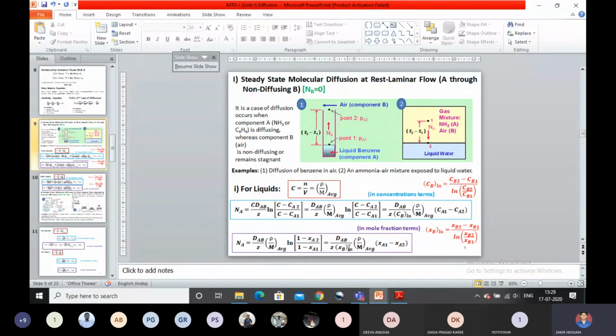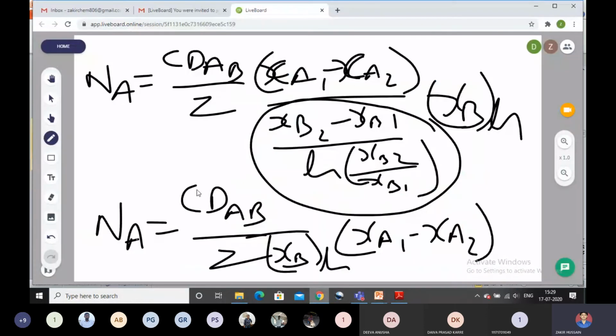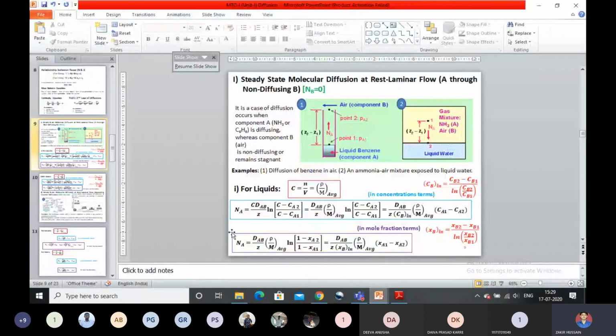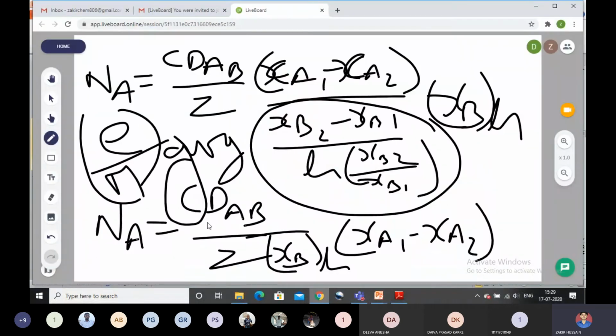In place of this C, for liquids we can write rho by M average. This is that quantity. In the slides you can see, Na is equal to DAB rho by Z XB ln, rho by M average, XA1 minus XA2, which we already derived in the morning. The same equation on the live board: Na is equal to rho by M average instead of C, into DAB by Z XB ln into XA1 minus XA2.